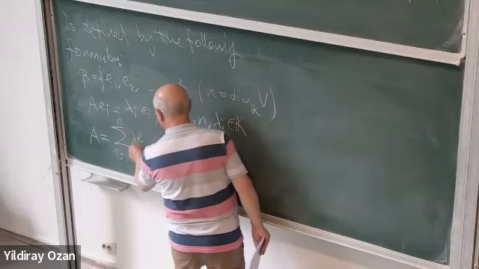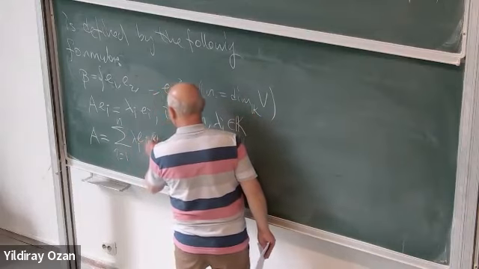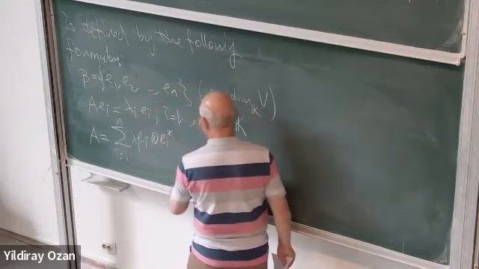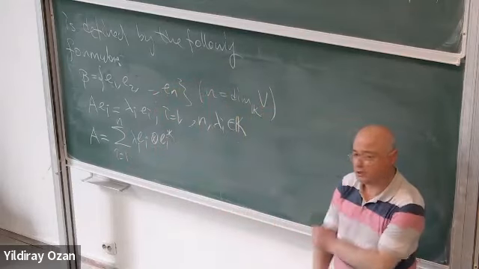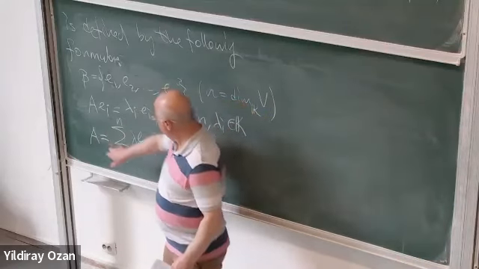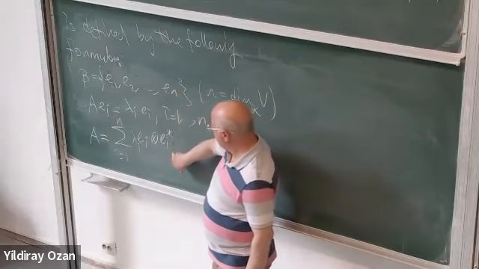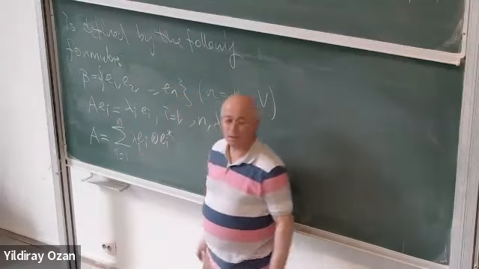Lambda_i times e_i, e_i star. e_i star is the dual element. So when you feed this guy with e_i, this will give you 1. Therefore, the result will be just lambda_i times e_i.